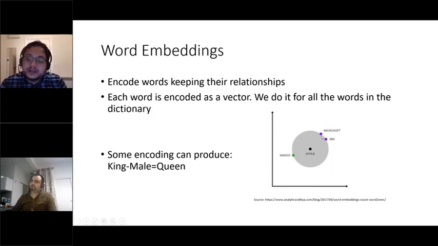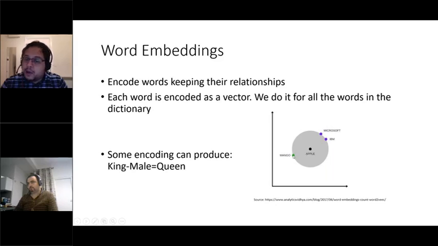This is Apple, this is Microsoft, IBM, and Mango. When we train a model that transforms words into vectors, you can see that it puts Apple between Mango and Microsoft and IBM, because apples have double meanings.